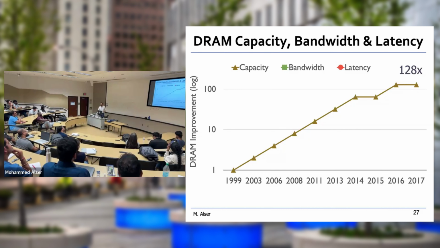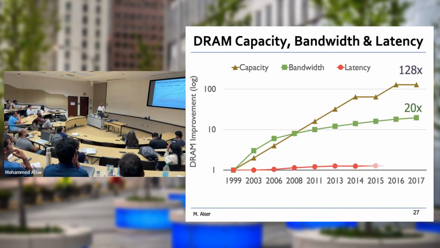So the capacity is really improving almost linearly, and it's getting even cheaper, right? But the bandwidth is almost saturating. The latency is a little bit increasing, but in very smaller pace compared to the capacity, for example.